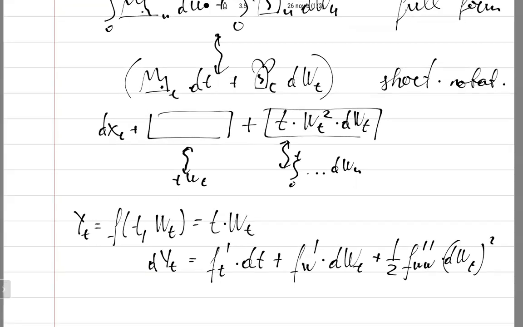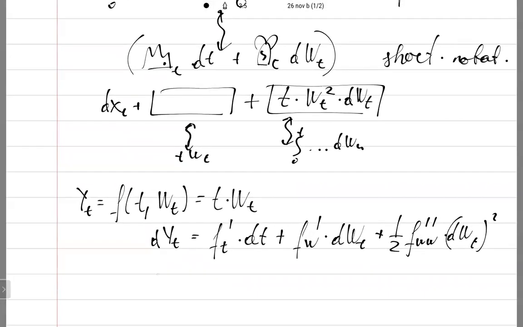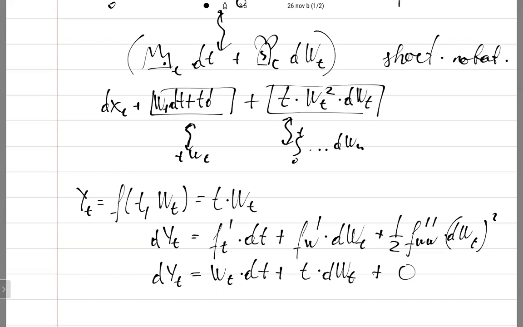In our case, dY_t is W_t dt plus t dW_t plus 0, because the second derivative with respect to w is 0. W_t enters linearly in our expression. So here I have W_t dt plus t dW_t. That's the correct answer.